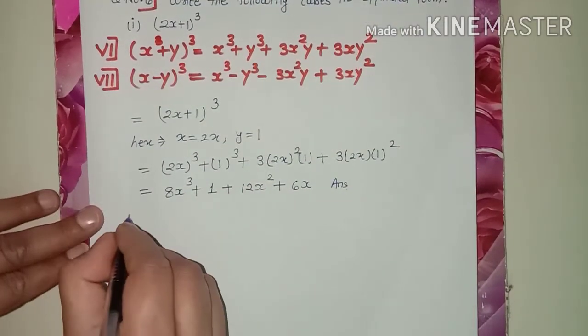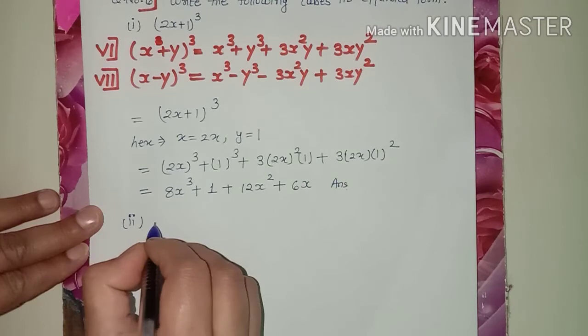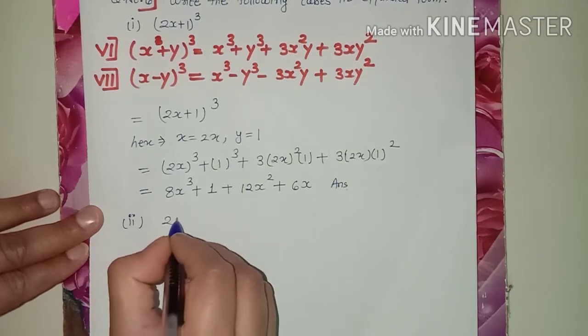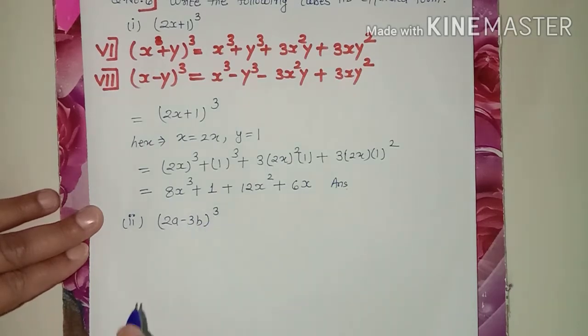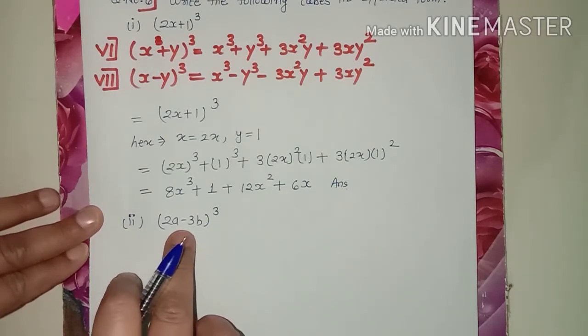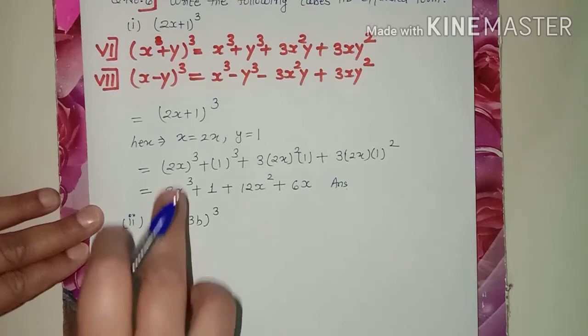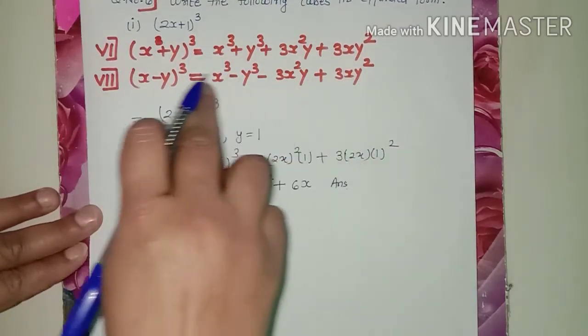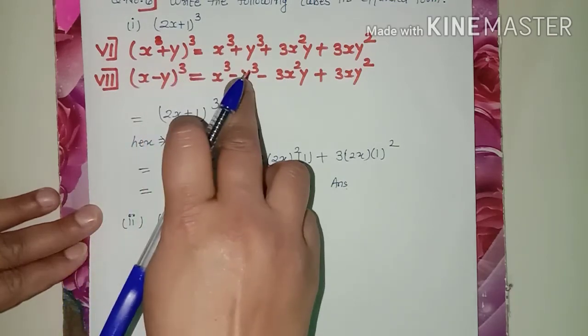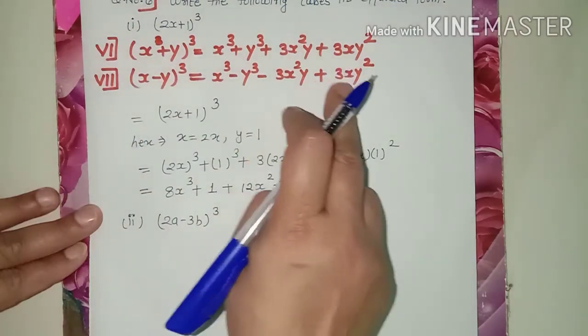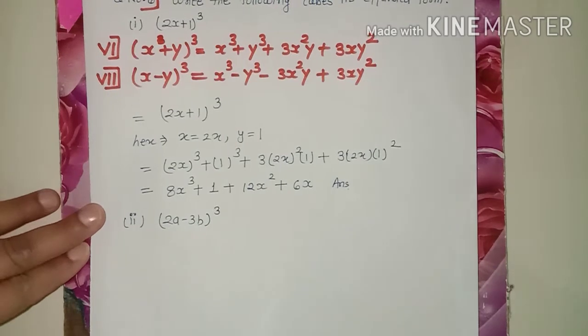Second part of this question is 2a minus 3b whole cube. You can easily see here student, within middle there is a negative sign. So which identity? Suitable identity is 7th one. X minus y whole cube equal x cube minus y cube minus 3x square y plus 3xy square.